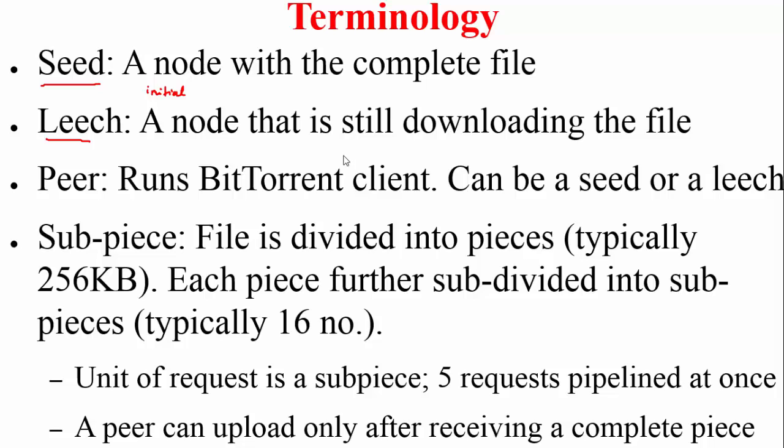In other words, it does not have the complete file. Now, peers are the ones that run the BitTorrent client. Even though I'm talking about a peer-to-peer system, we still call the peer a BitTorrent client because the tracker is viewed as a server. And this peer can be a seed or a leech based on its download status.